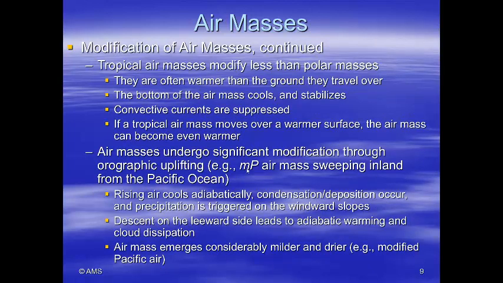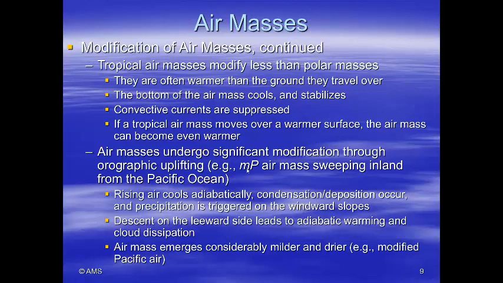Some more examples are shown on this slide. We have the tropical air mass, which modifies less than polar air masses. So they are often warmer than the ground they travel over, so the bottom of the air mass cools and stabilizes it.